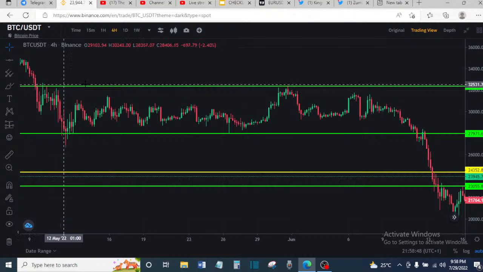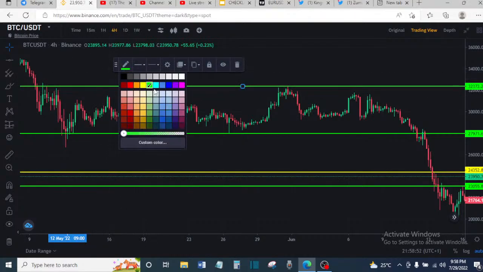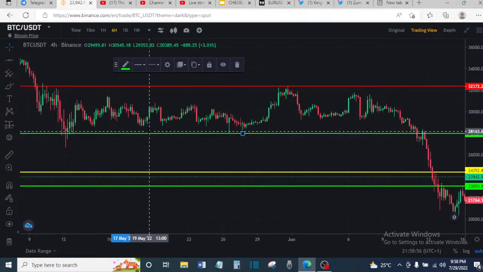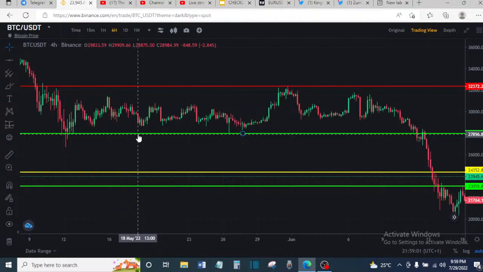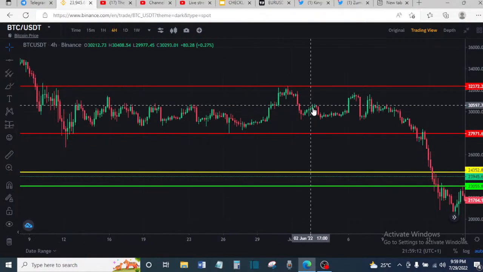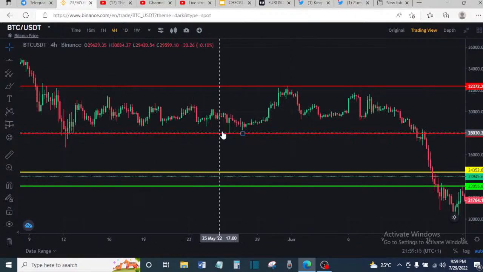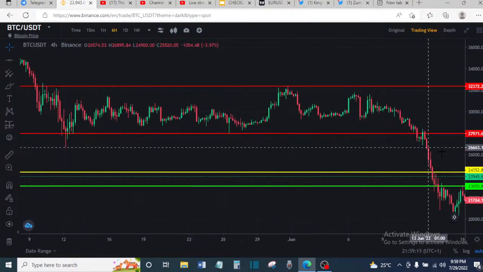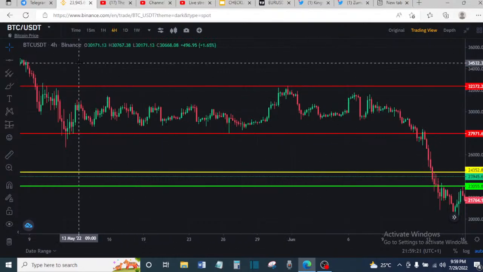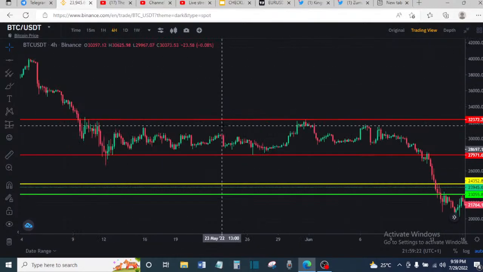So Bitcoin is clearly holding the uptrend. You can see the boundaries. The bottom stops have been taken out, leaving out the top stop. So these top stops needed to be taken out.